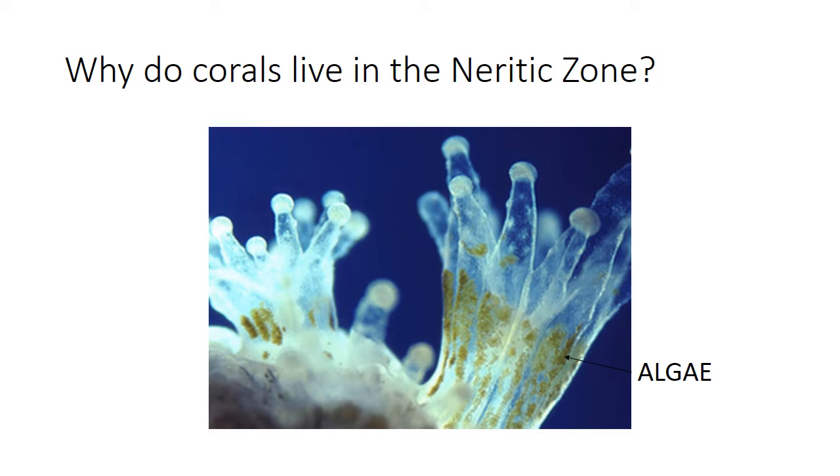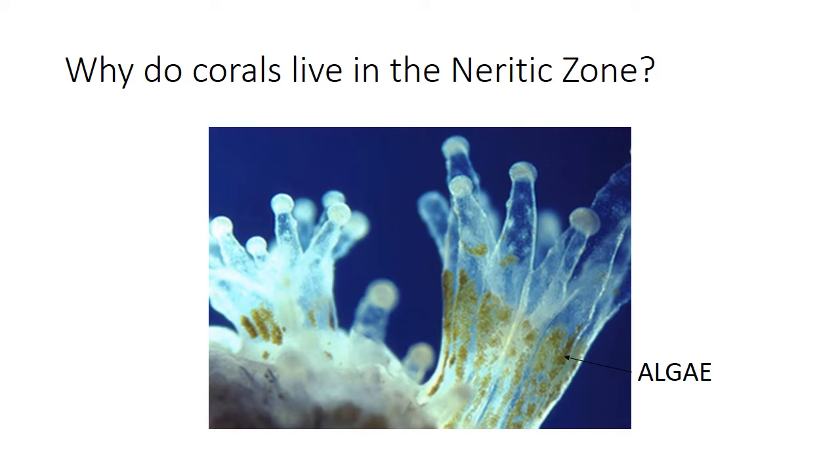But why do corals live in the neritic zone? Well, corals are animals, so they don't need light. But corals do need light in a strange way. Inside corals lives algae.